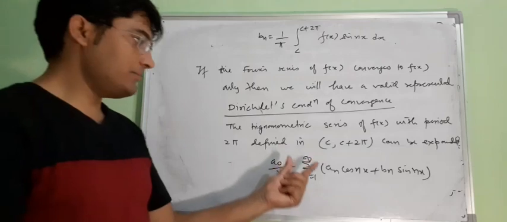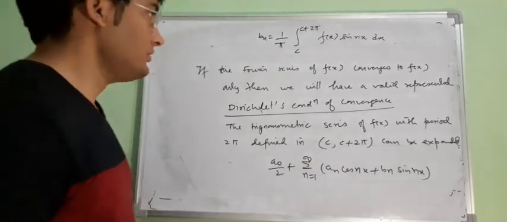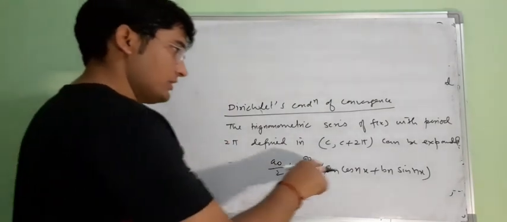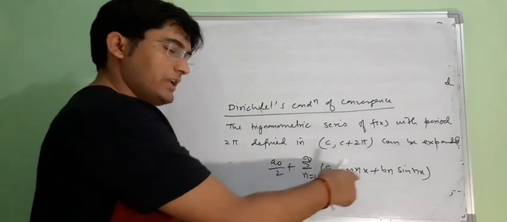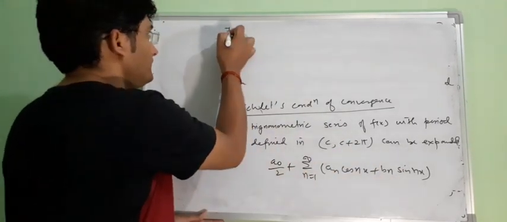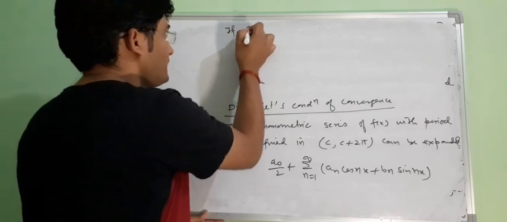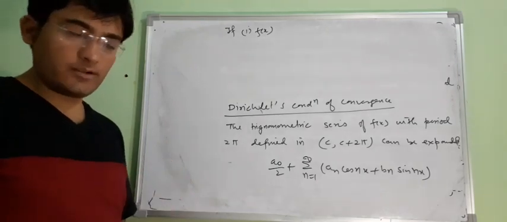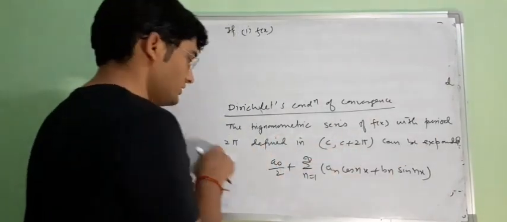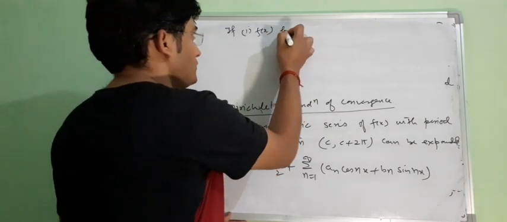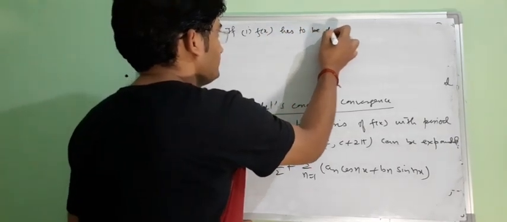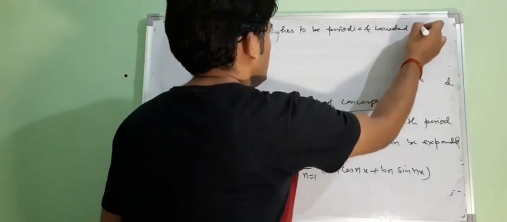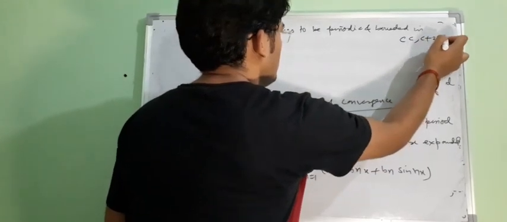this trigonometric series can be expanded in this form, where a0, an and bn are constants, if the first condition holds: the function f(x) has to be periodic, as we have assumed here that it is periodic of period 2 pi. So f(x) has to be periodic and bounded in the interval c, c plus 2 pi.